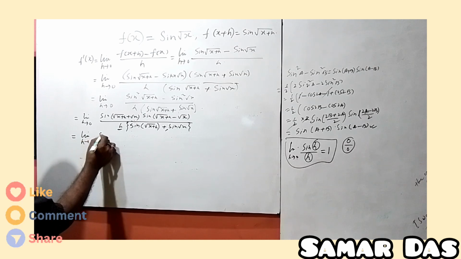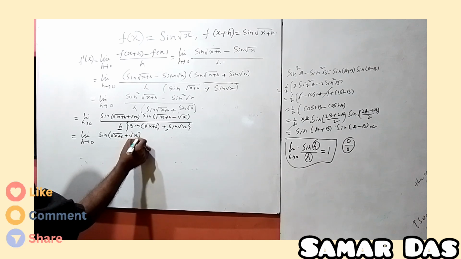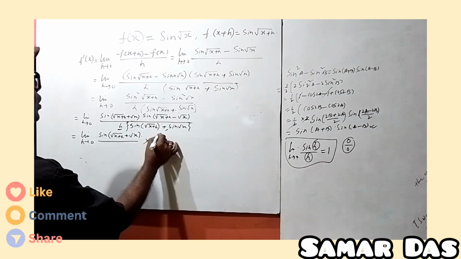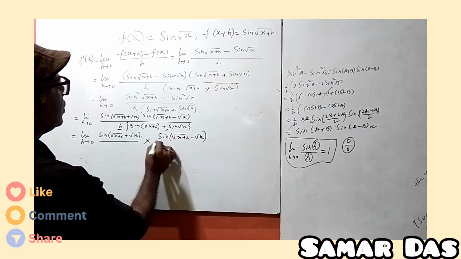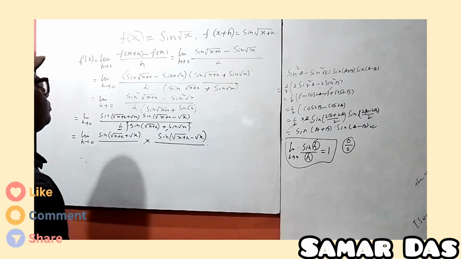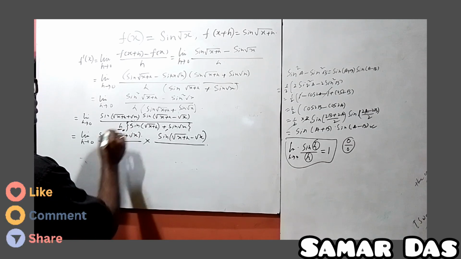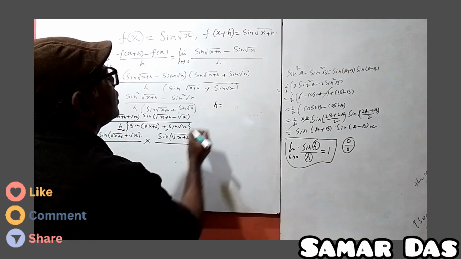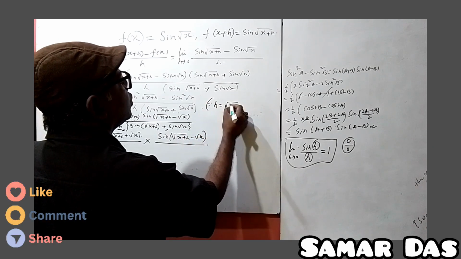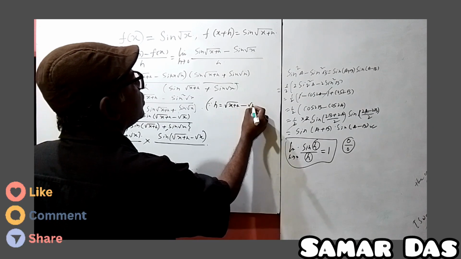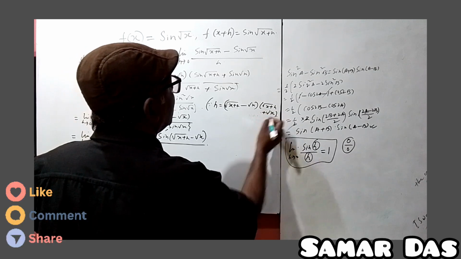Limit h tends to 0, sine of root over x plus h by, into sine of root over x plus h minus root x. Okay. In place of h, you wrote this step like that, root over x plus h minus root x. Very good. This is the right step.